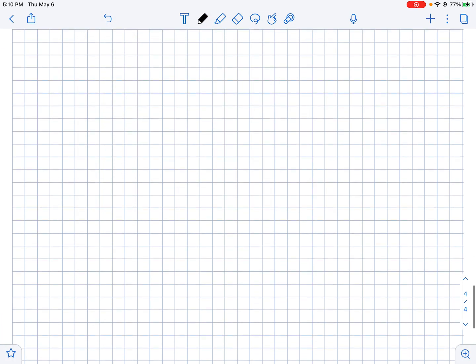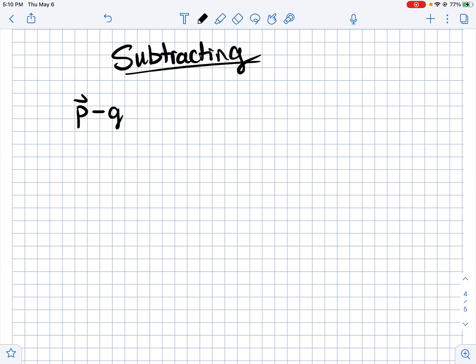Okay, let's just talk quickly about subtracting vectors. Turns out we don't do that. We actually just add their opposites. So if we wanted to subtract vector Q from vector P, instead of subtracting them, we actually add the opposite of them.